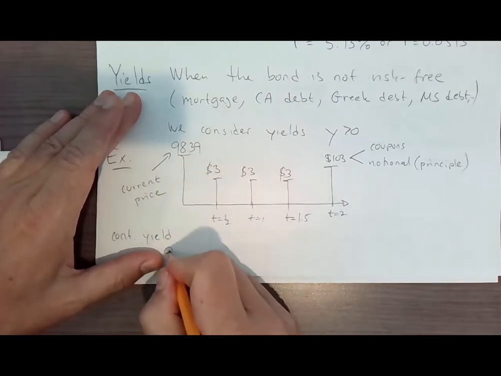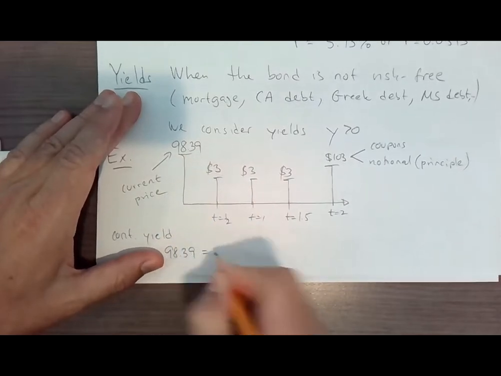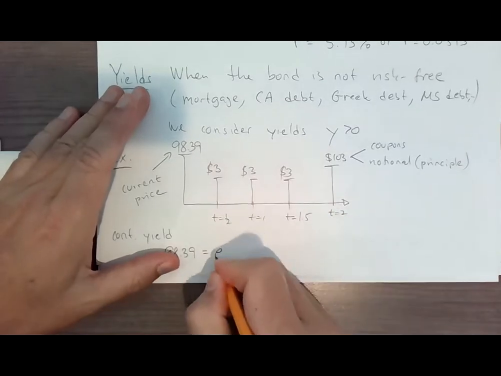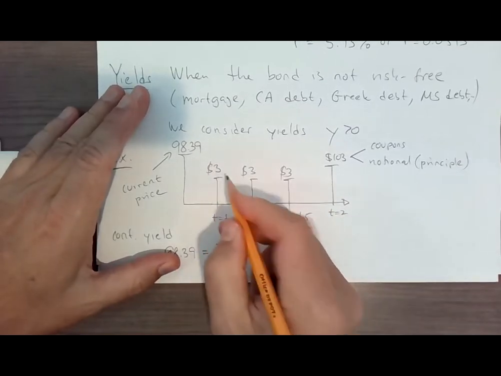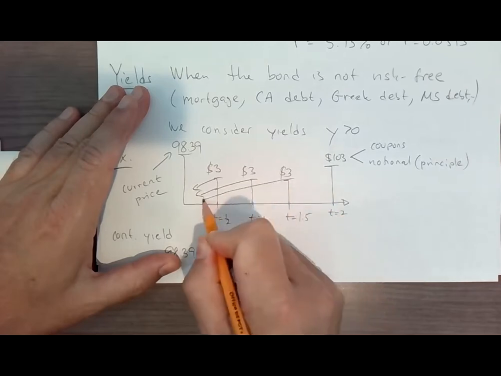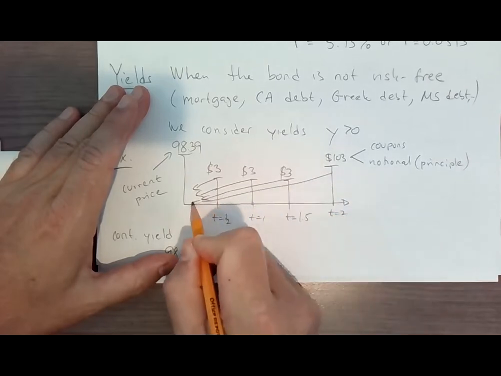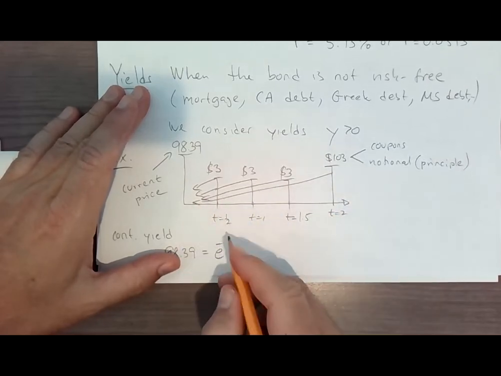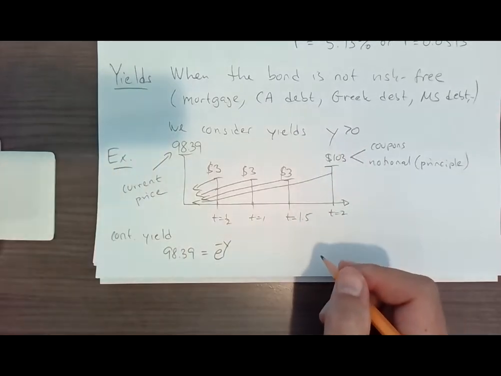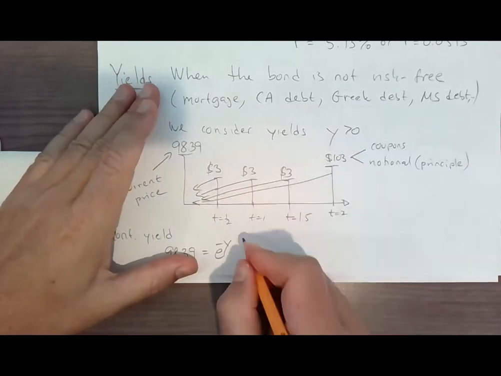It'll be 98.39. It's the thing that I'm going to be discounting these payoffs with. So I'll take e to the minus y, and I'll treat this as a constant. This is the same coefficient that I'm going to be using for all these.